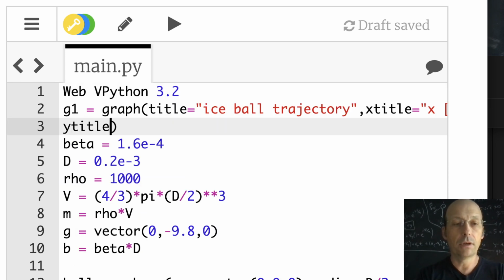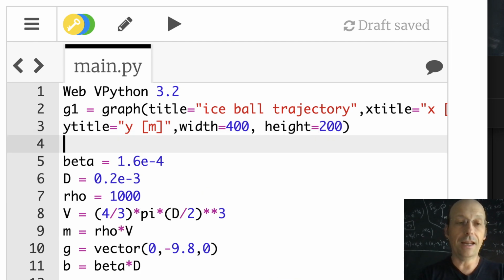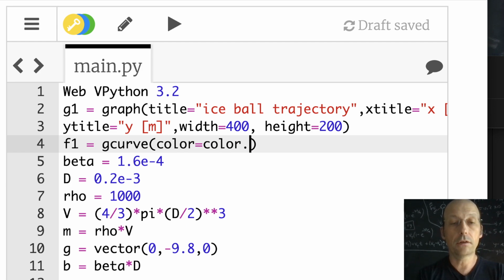Y title equals y in meters, comma, and then width, spell it correctly, width equals 400, height equals 200, and then I need a graph to plot. I'm going to call this F, F1 equals G curve. Color equals color dot blue.